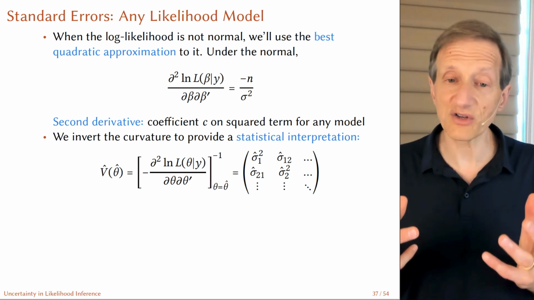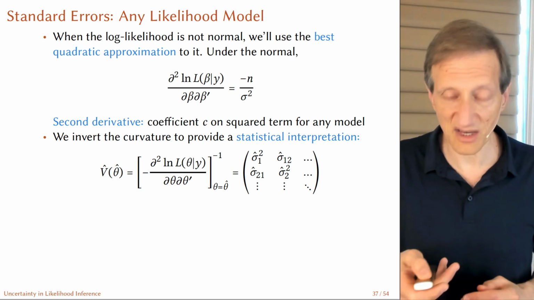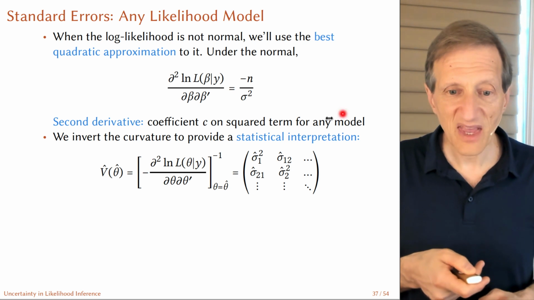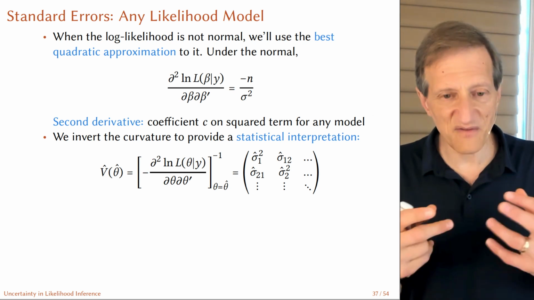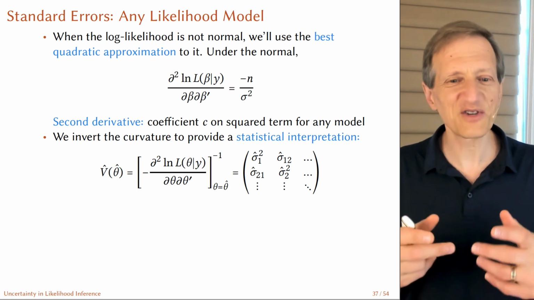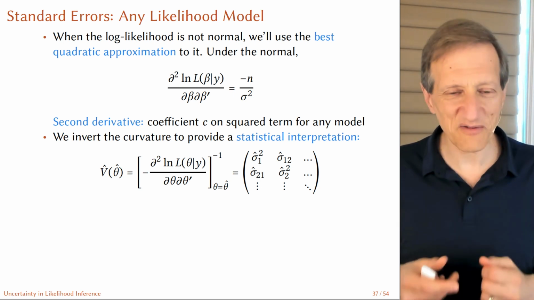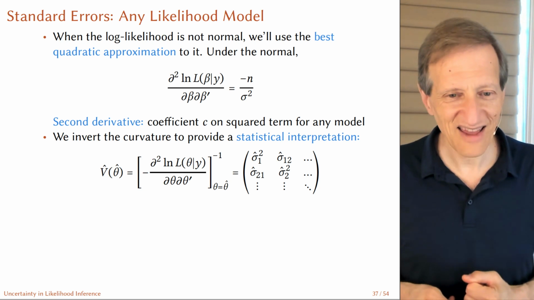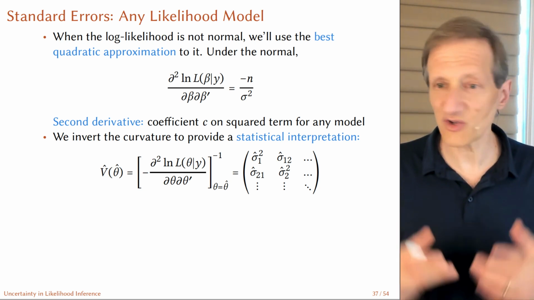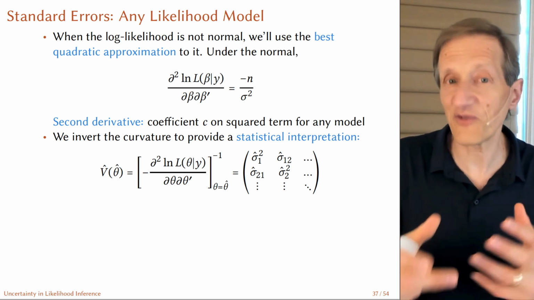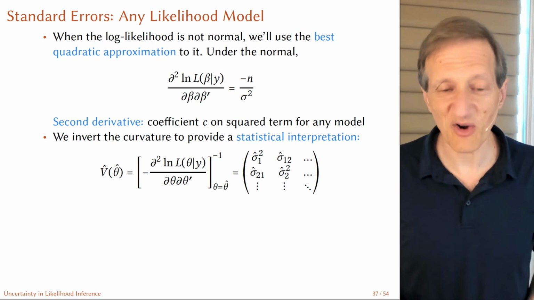If it's a matrix, you take the inverse, that's the minus 1 over here. We're going to take the negative of the inverse of the matrix of second derivatives evaluated at theta hat. And that is the variance matrix, or the variance covariance matrix, or the covariance matrix, just different phrases to describe the same thing.